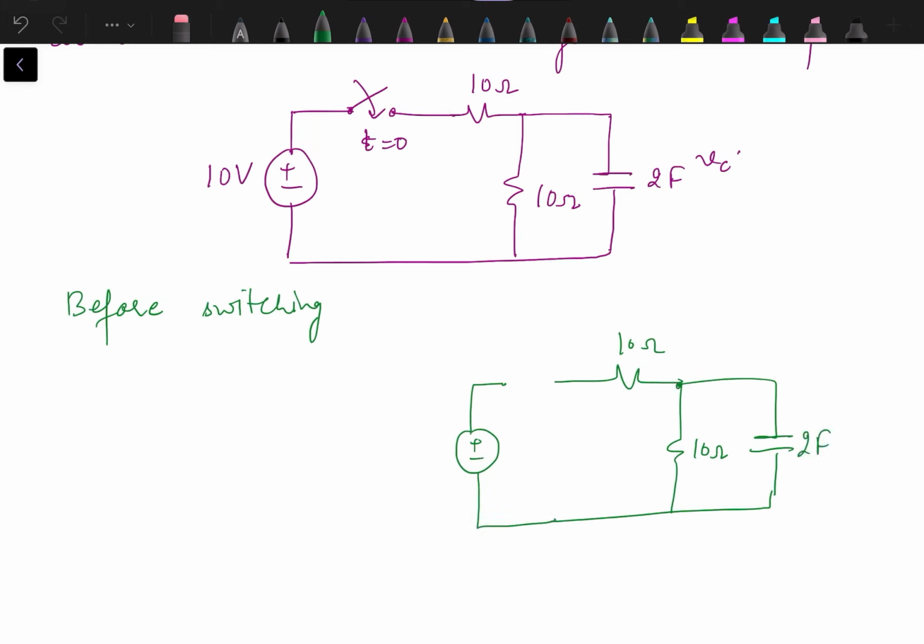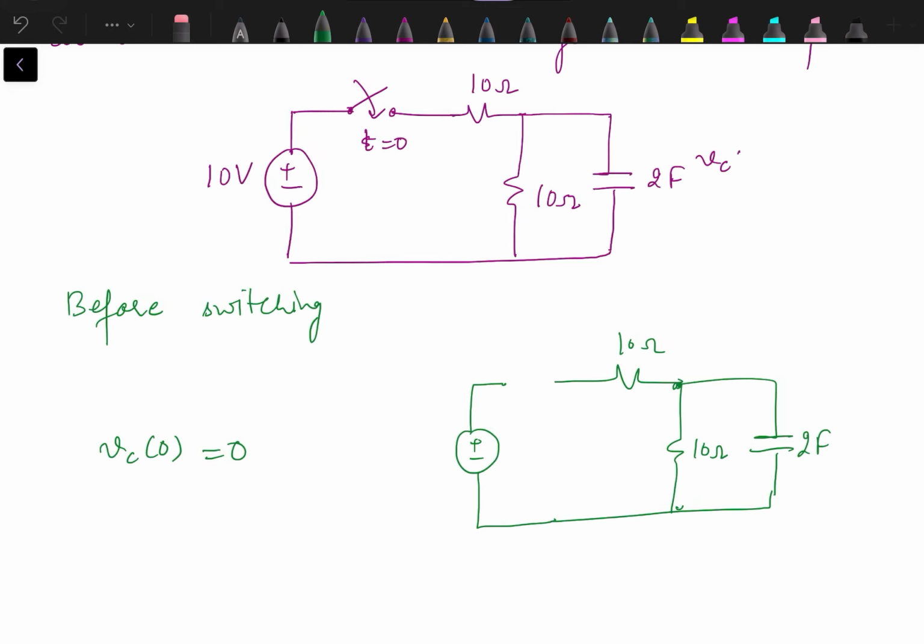Since we don't have any source connected to this parallel combination of resistance and capacitor, the initial voltage across the capacitor is actually 0, which is the same before switching and just after the switching.